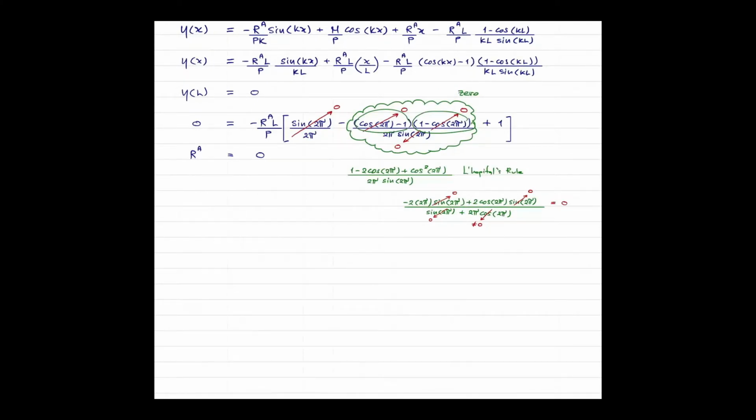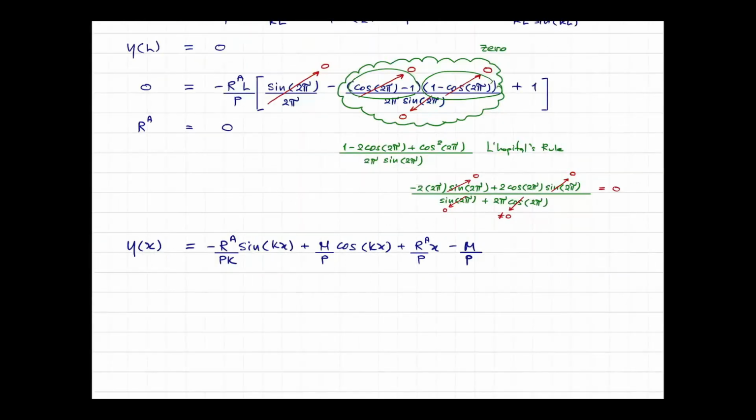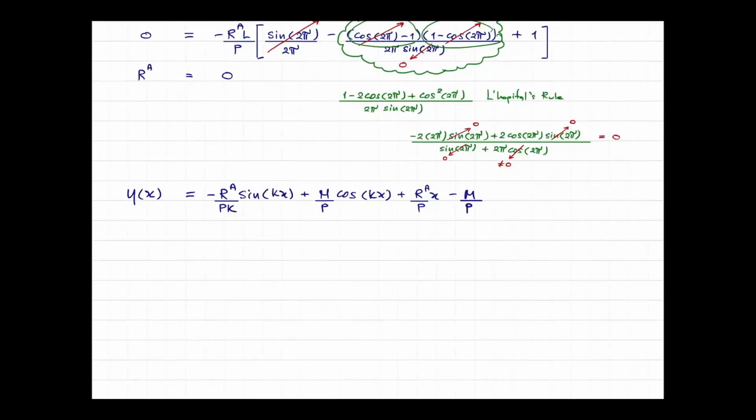So this is your solution, the original one, minus M over P. Before we substitute the RA in place, because previously we do not want to keep the M over P term, we substitute the M over P by the function of RA and the other things.